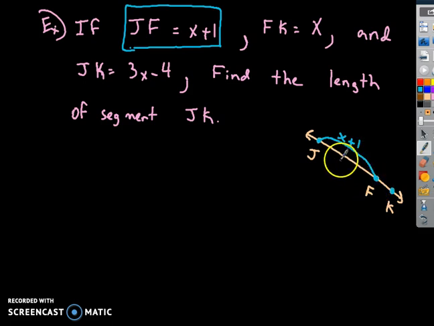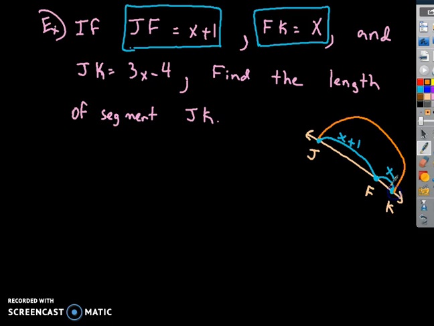And F is in between these 2 points, and these points are all lying on the same line. And then it said FK, F to K, is x. And they said also that JK, from here to here, is 3x subtract 4.